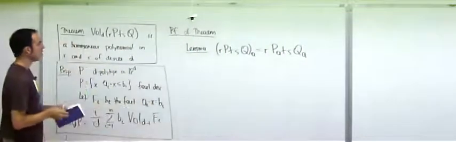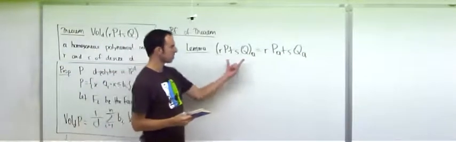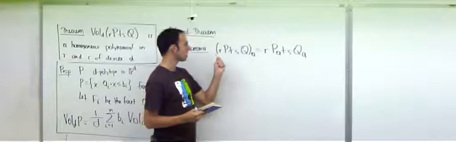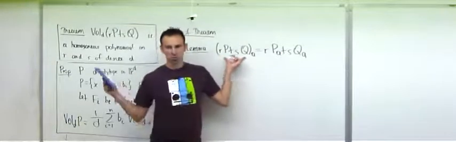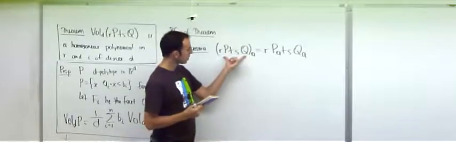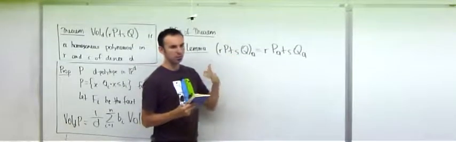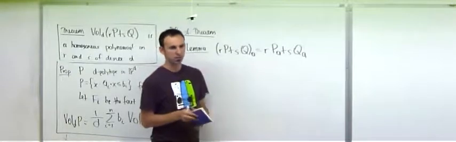So this is the lemma. So let's think about what this is saying. Remember that our notation says this. rP plus SQ is this polytope whose volume we're trying to compute, right? And remember that when we write a polytope sub a vector, we mean the face maximized in that direction.